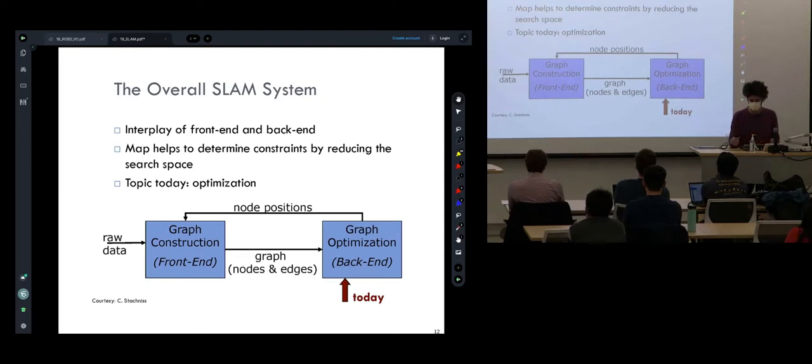Once the front end gives you edges and nodes, then the backend is typically just responsible for graph optimization. So there is a need for an inference method in the backend. Optimization methods, by the assumptions that we will make, are very attractive because they make it very fast and we can run it online.